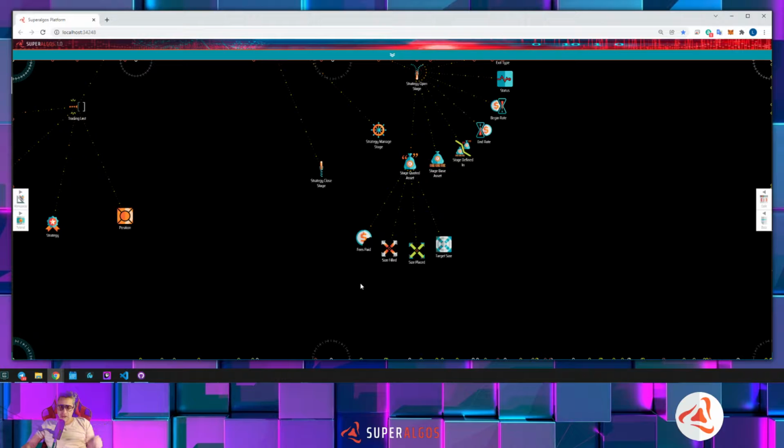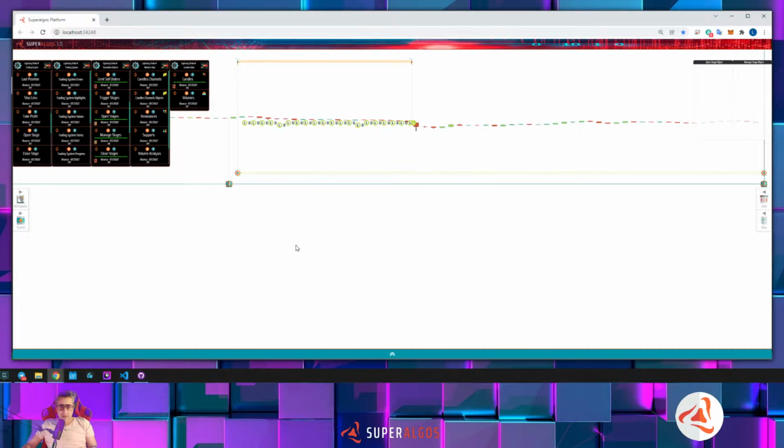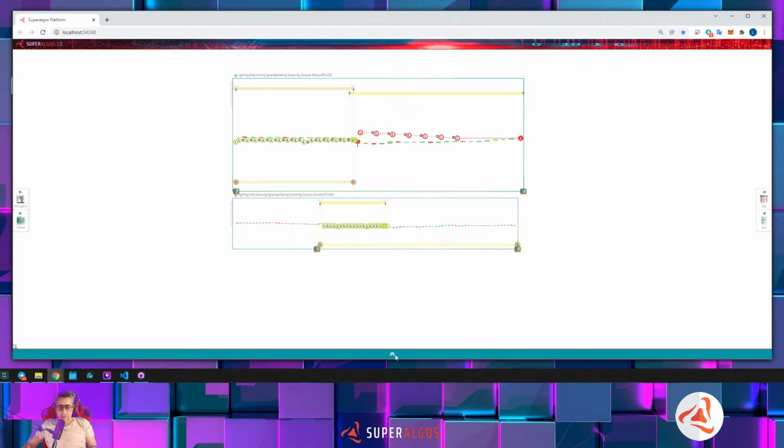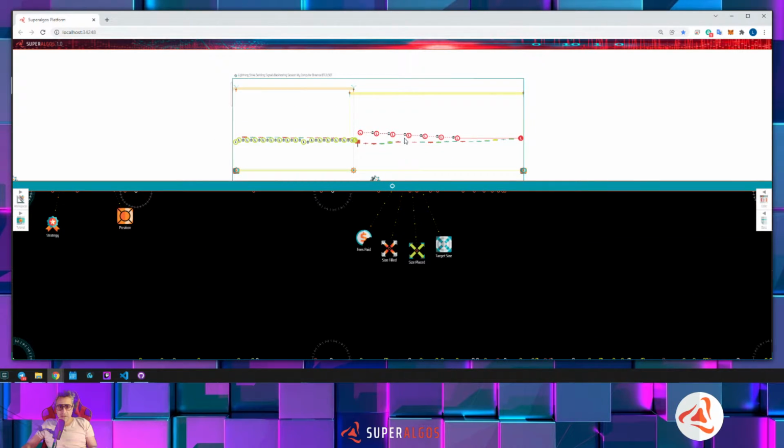Okay, so I'm going to do the following. First, we are going to check the strategy that is actually working, the one sending the signals.